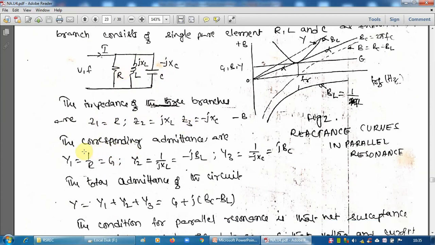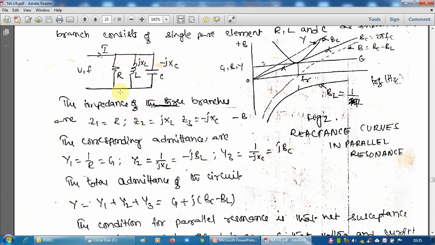In terms of the corresponding admittances, for this it is 1 by R, so G, and for this it is 1 by jXL, which is minus jBL, and 1 by minus jXC is equal to jBC.